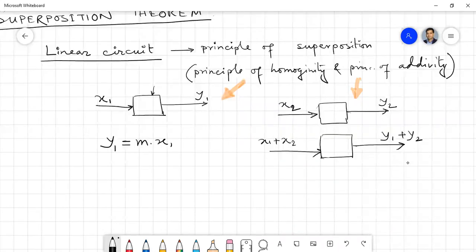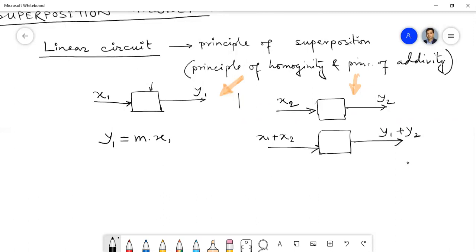So these two things are different. The first one is the principle of homogeneity and the second one is the principle of additivity.